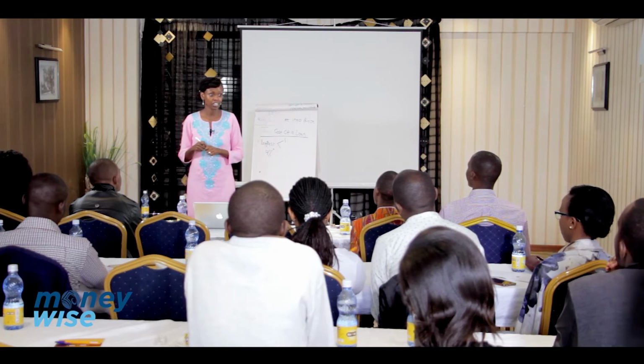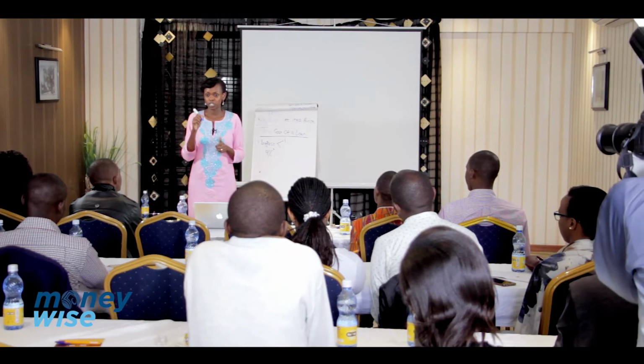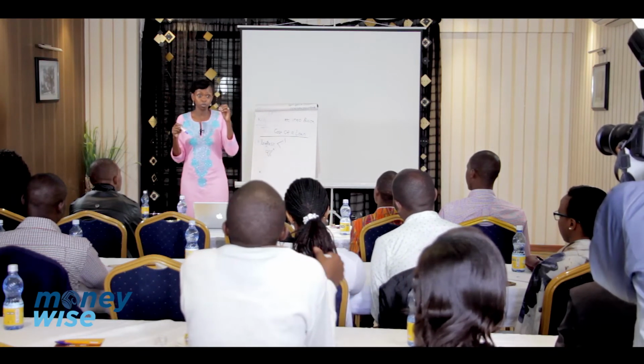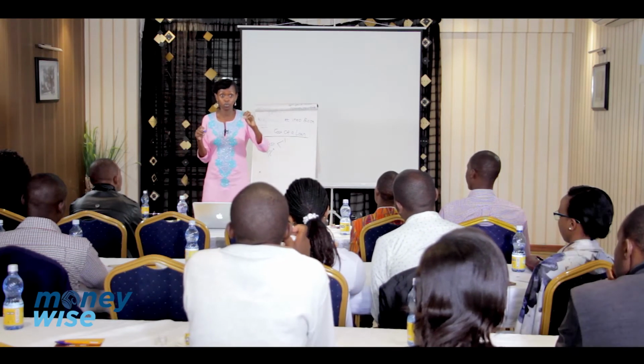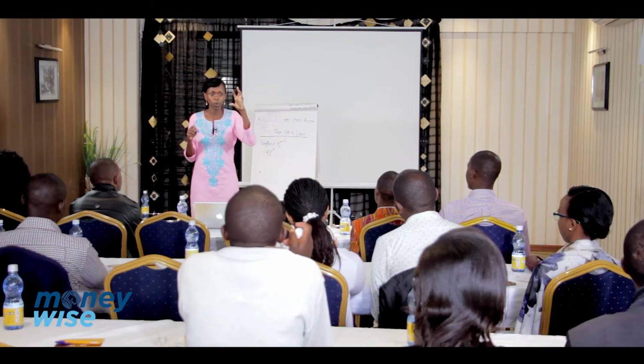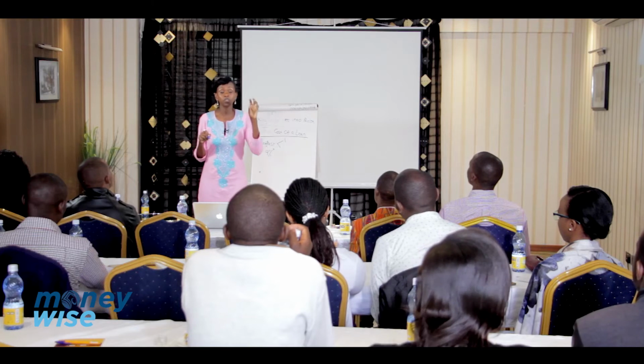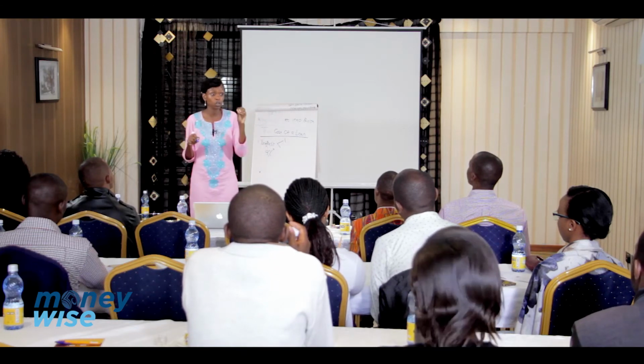So when you pay a flat rate, do you understand the difference between reducing balance and flat rate? If I borrow 100,000 shillings and I'm paying 10% flat rate, and I borrow the money for 5 years, every single month, even as I'm paying off the loan, the interest component is going to be 10% times 100,000 until I repay.